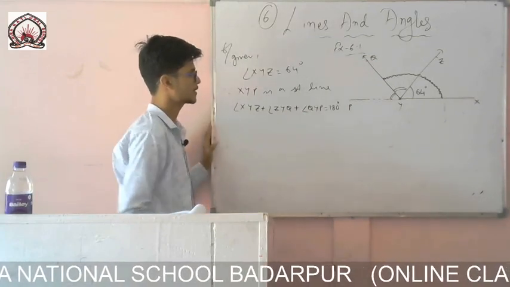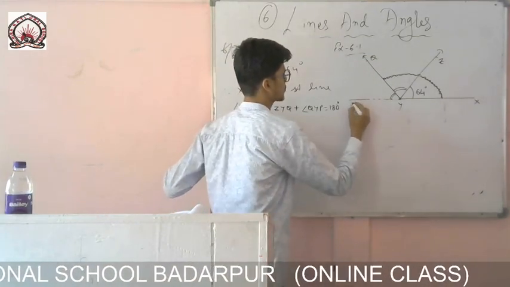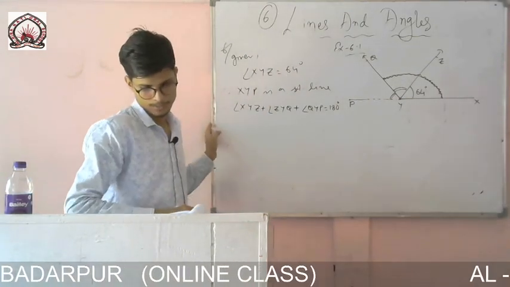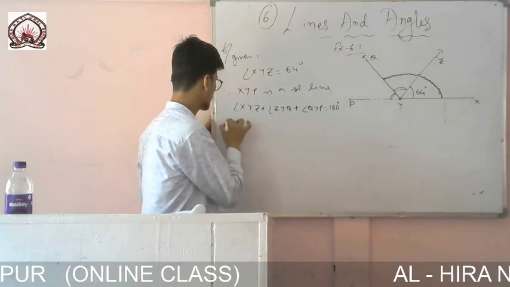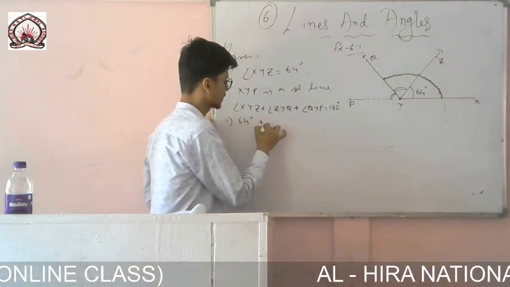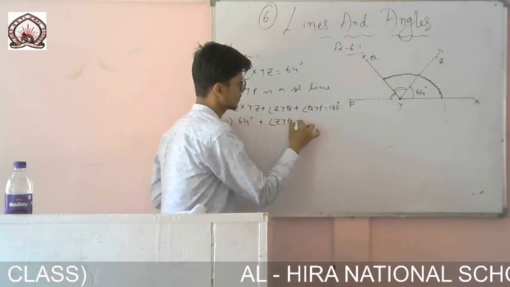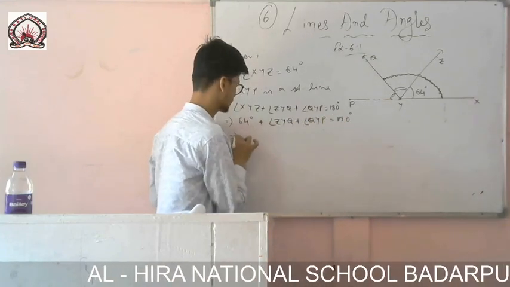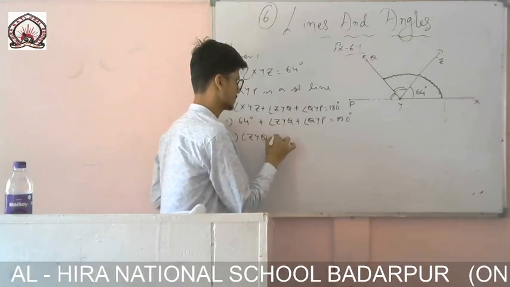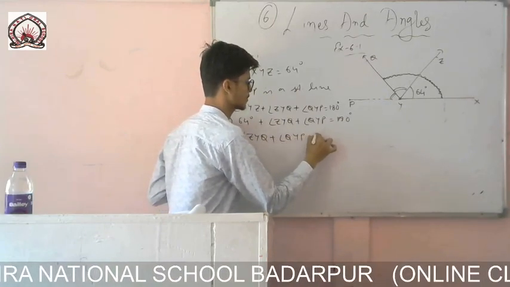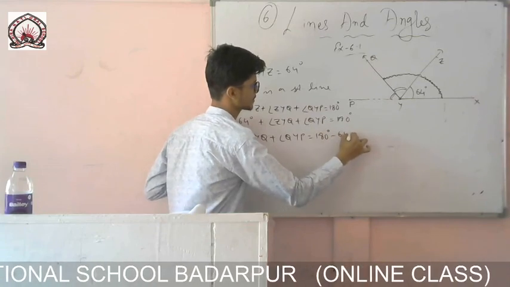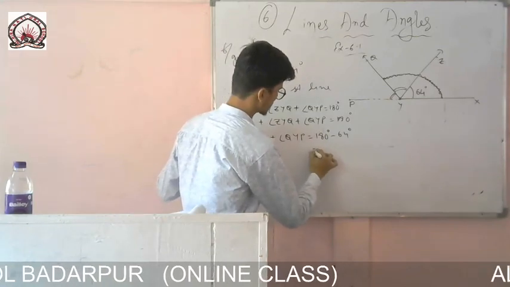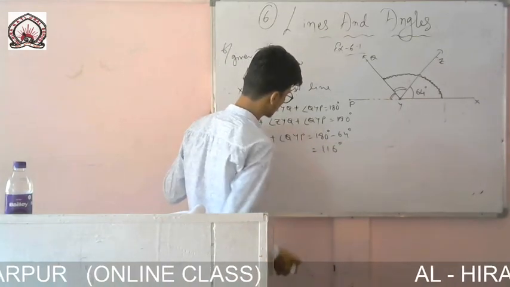They are on the straight line. Now you see, the XYZ value is given as 64 degrees, plus ZYQ plus QYP equals 180 degrees. That means angle ZYQ plus angle QYP is equal to 180 minus 64 degrees. If I subtract, I will get 116 degrees.